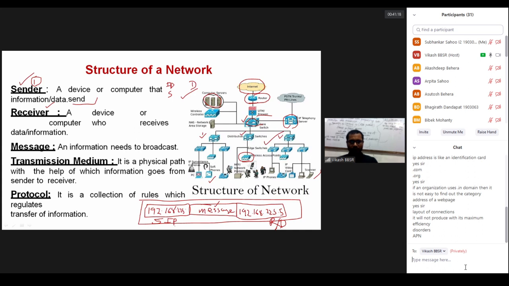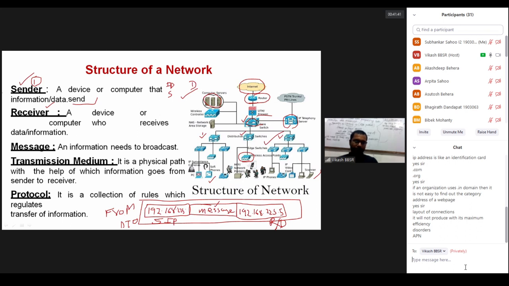Like when you are sending letters or any envelope, you write from and to. From means the source, and to means to whom you are sending. That is called the destination. Destination is the to.